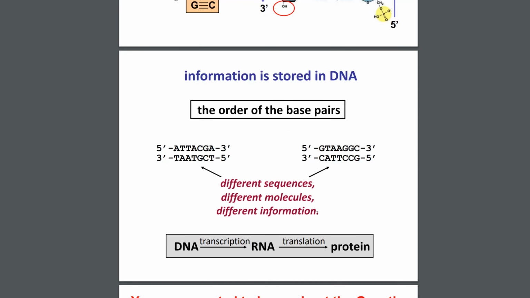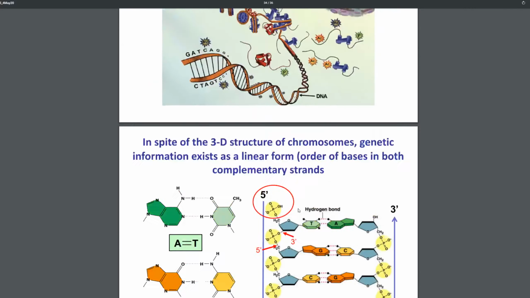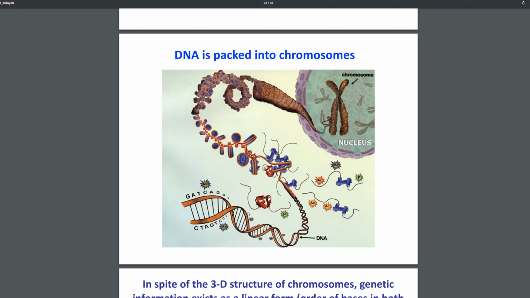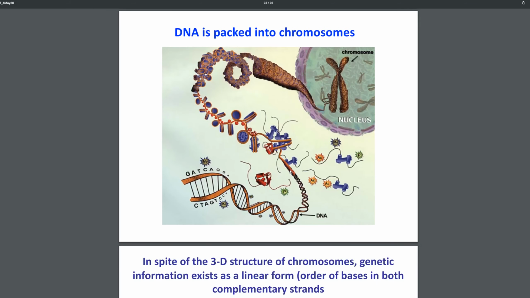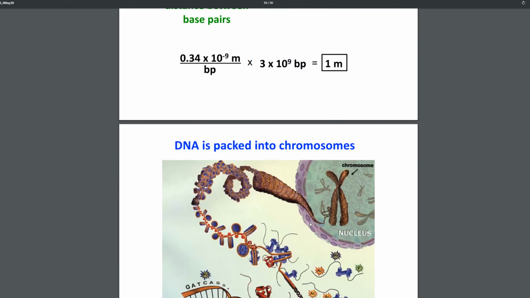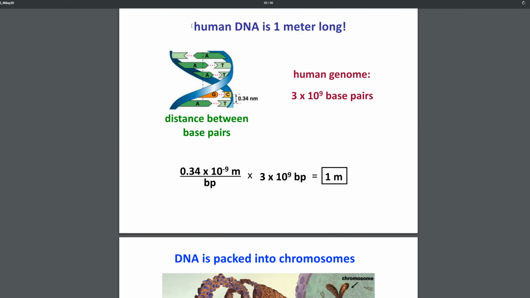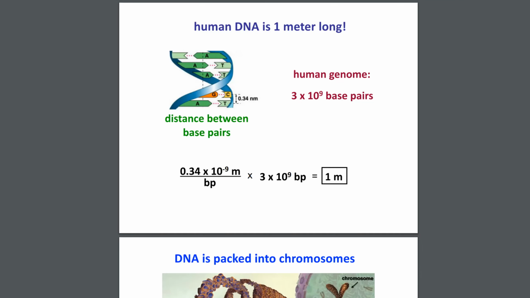So when we talk about how DNA encodes information, one of the biggest things that we look at is going to be this structure right here, the chromosome. The reason DNA is packed into chromosomes, as you can probably tell, is because human DNA, like it says over here, is 1 whole meter long.